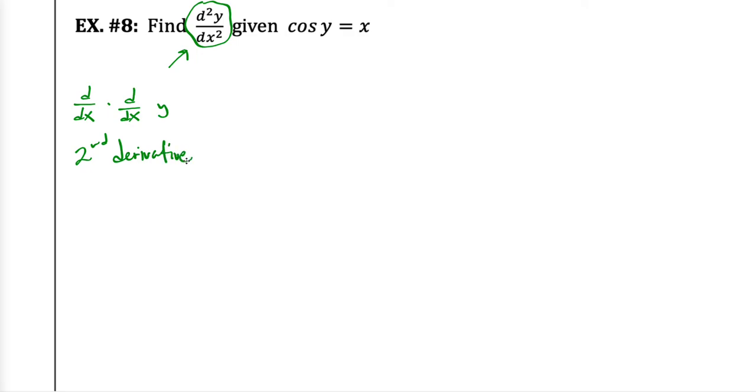So find dy dx first, or y prime. So cosine of y equals x. Well, I can do the derivative of the right-hand side pretty easy. So I'm going to take the derivative, so equals 1. Derivative of left-hand side would be negative sine of y times y prime.